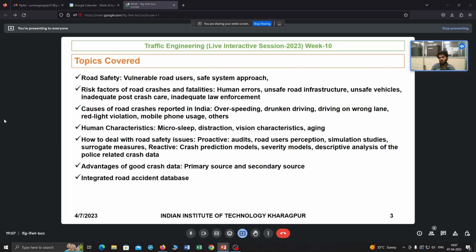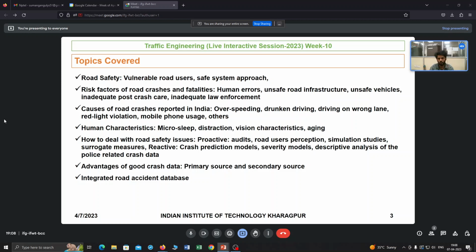Sometimes police may manipulate the data so that people will not be at a disadvantage. Sometimes if I write that this vehicle did this to that vehicle, that driver may be in trouble, so maybe the police write something else.